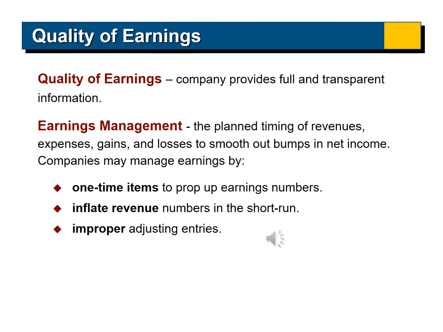And these adjusting entries should not be used to unethically smooth out the income or the expenses and to inflate the revenues in the short run, or making improper adjusting entries to reduce the expenses. The purpose of the adjusting entries is to ensure that everything is reported in the proper period and the right amount of income and expenses and the right balance of assets and liabilities are recorded in each period.